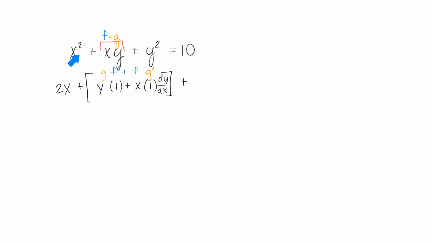Now we've done our x squared, it's 2x. The derivative of x times y is this train wreck. Now we need the derivative of y squared, which is 2y dy/dx, right? Equals the derivative of 10, which is 0. Okay, so now let's clean this mess up because OMG.